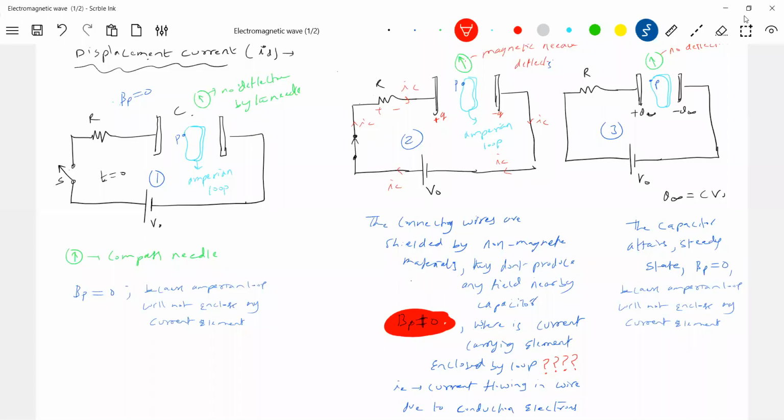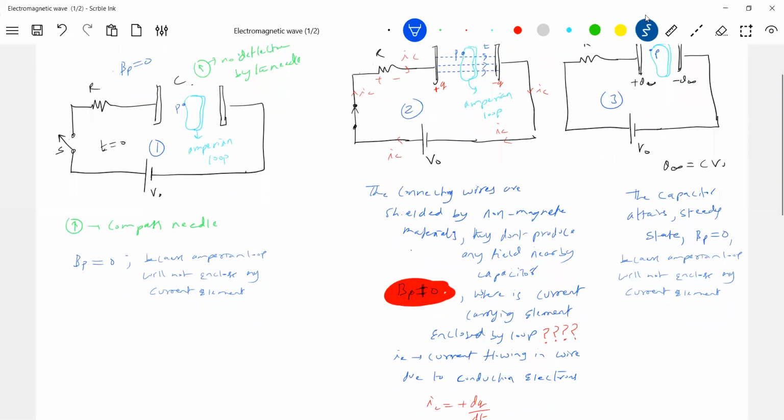So everything is fine except why the magnetic field is non-zero. So we do have something. What is that? There's an electrostatic field present. We'll draw a line. There's an electrostatic field.